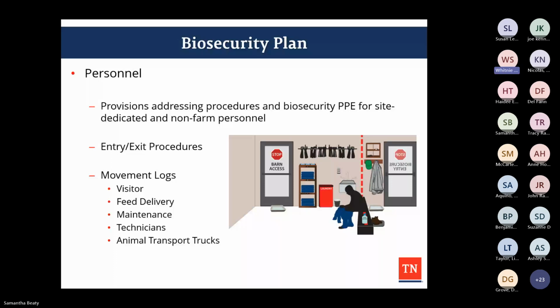They would take off their shoes that have been in the outside world, sit on this bench, turn around, and then they're in the clean side of this line. Then they would put on fresh PPE and new clean boots that have only been inside this barn. There's a wash station for hands, and then another foot bath and one access point into the barn. And then the exit procedure would be similar.